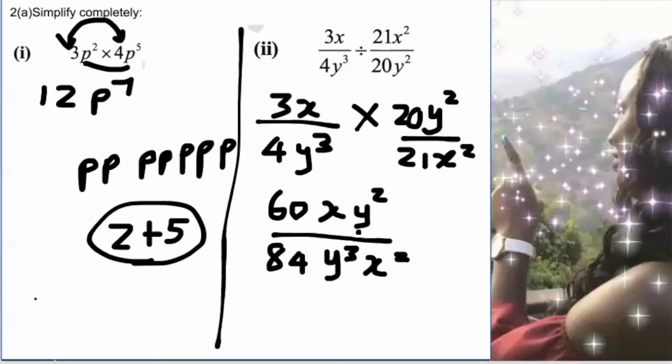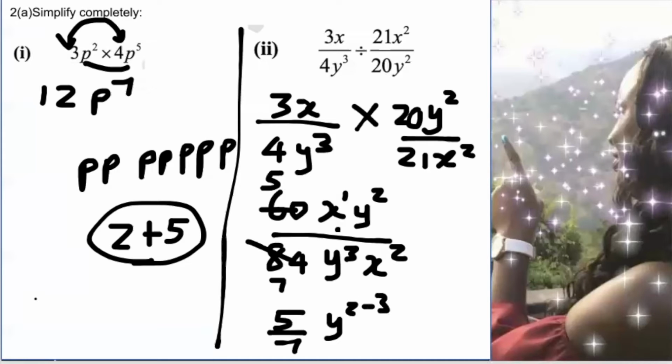Now, I need to simplify this. So 12 into 84 goes 7 times, and 12 into 60 goes 5 times. So I have 5 over 7 here. We can also reduce this. So applying laws of indices, when we divide, we write the base once and subtract the power. So 2 minus 3.